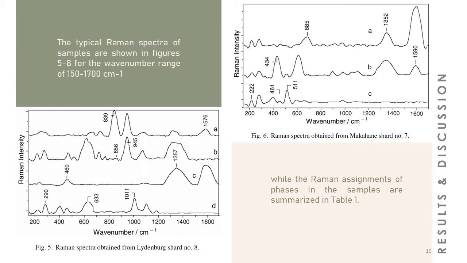The typical Raman spectra of samples are shown in Figures 5 to 8 for the wave number range of 150 to 1700 cm to the -1, while the Raman assignments of phases in the samples are summarized in Table 1 in the next slides.